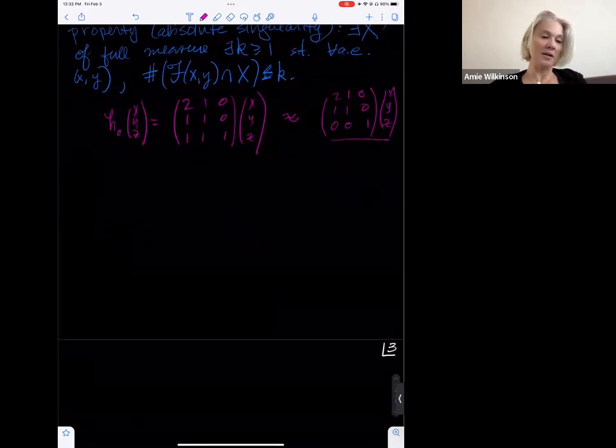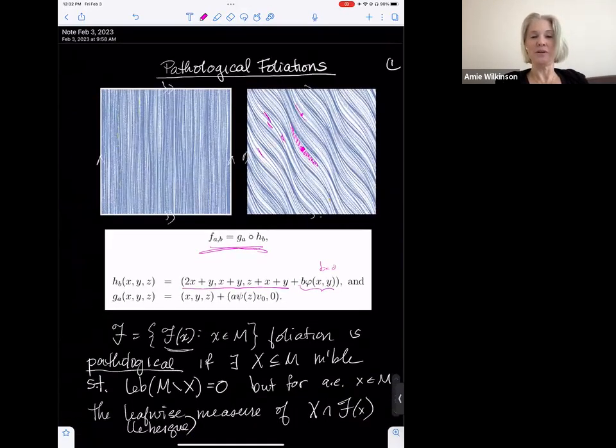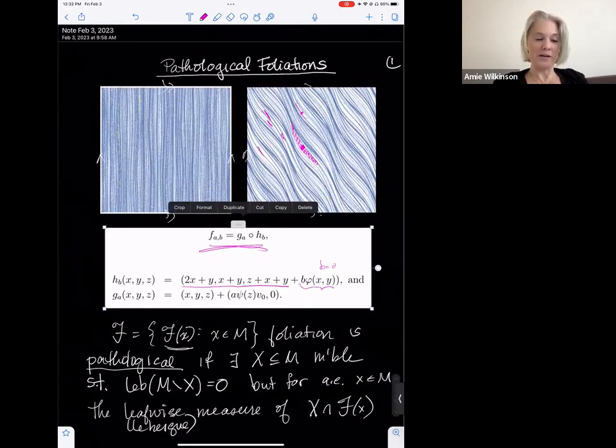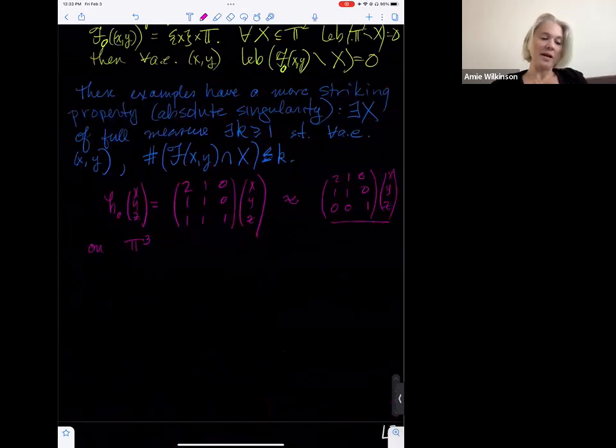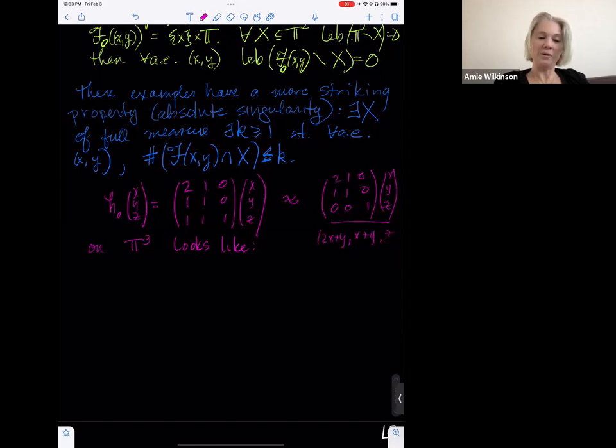And now, what does this map do? So this is on T3. Notice these pictures are on T2, but the example that we demonstrated was on T3. So what does this look like? If I were to draw a picture of the dynamics, let's consider this example here. So 2x plus y, x plus y, z.